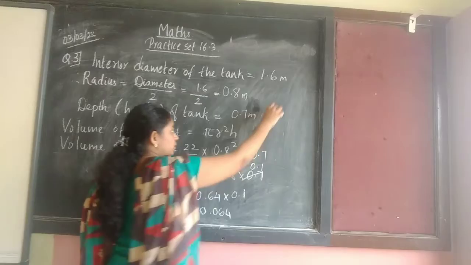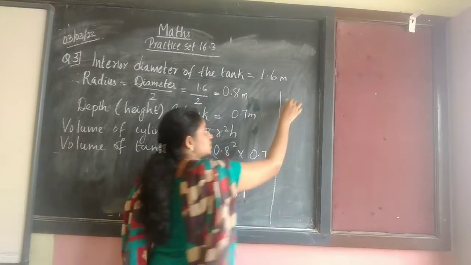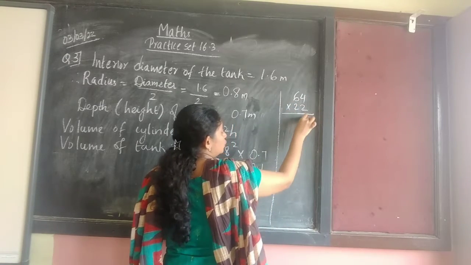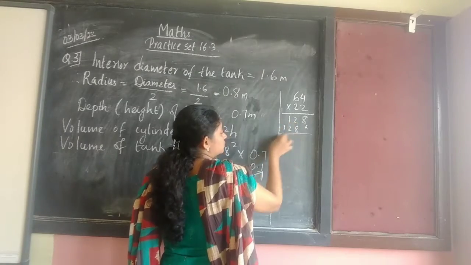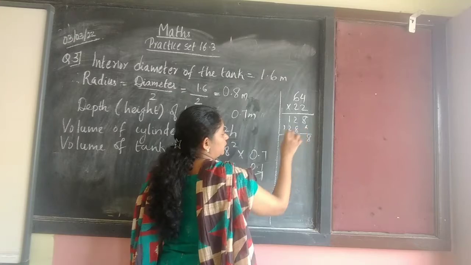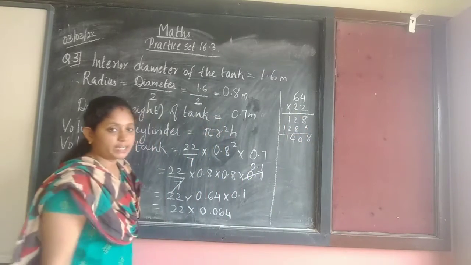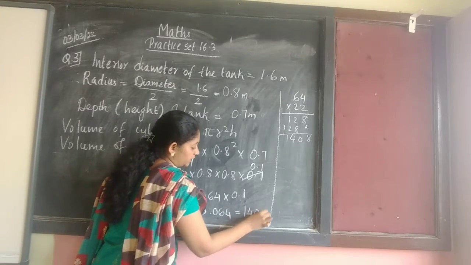Okay, now what you are going to do? Multiply, don't consider any zeros over here. Multiply 64 into 22. 4 2s are 8, 6 2s are 12, 8 2 1. Same thing will come as again it is multiplied by 2. So 8 0 1 4 1. What is your answer? 1408.